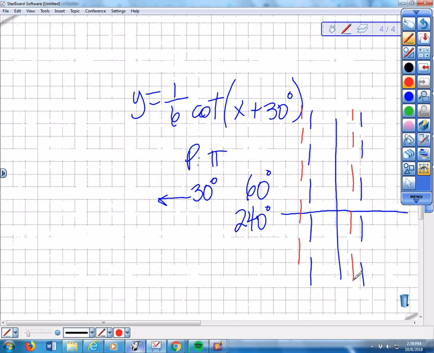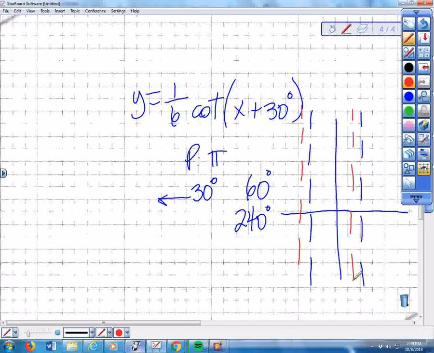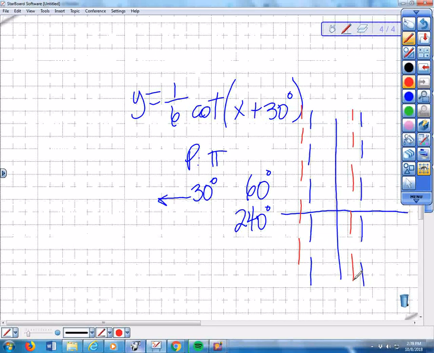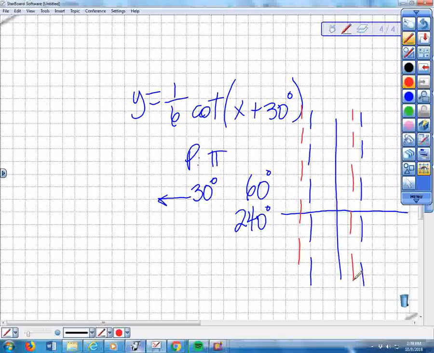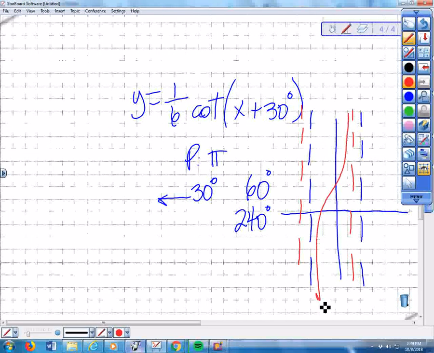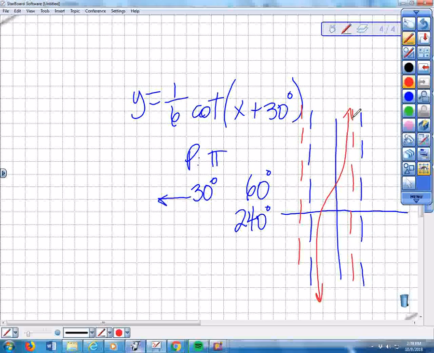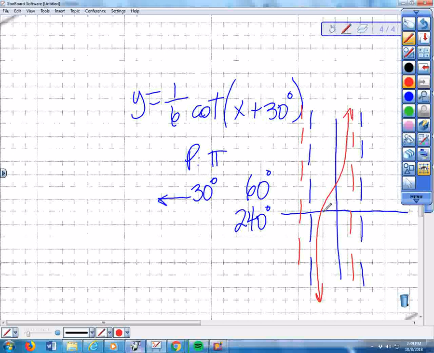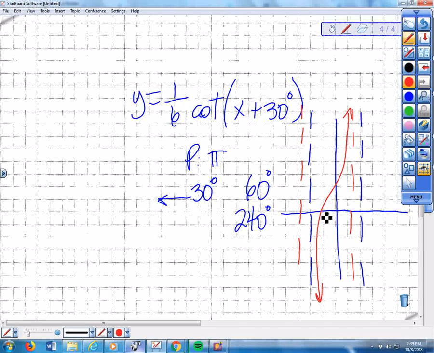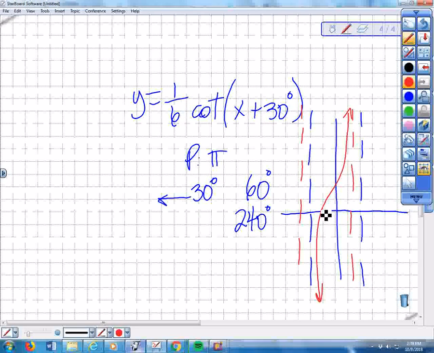And when I draw it, at positive pi over 4, that's where it's 1. So it's going to go like this. It's not going to go right through the origin now. The point that it goes through is actually going to happen at negative 30, because it all shifts over 30 degrees.